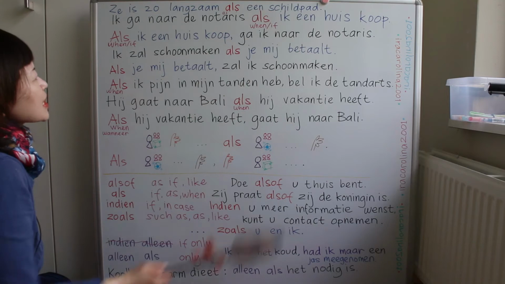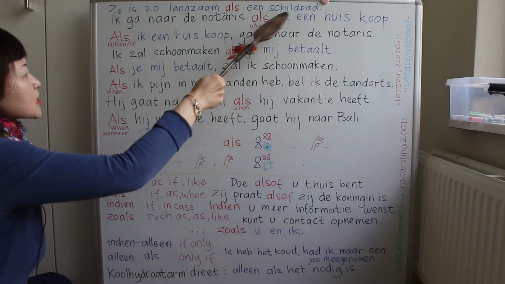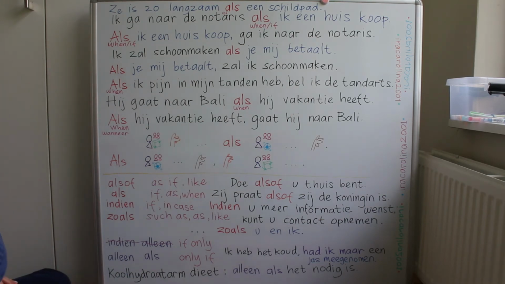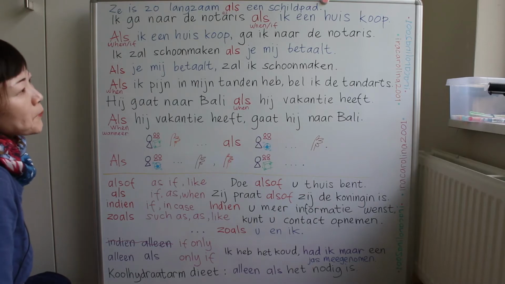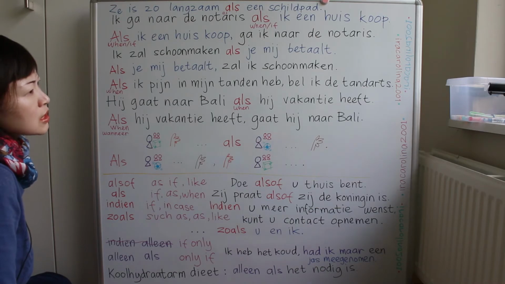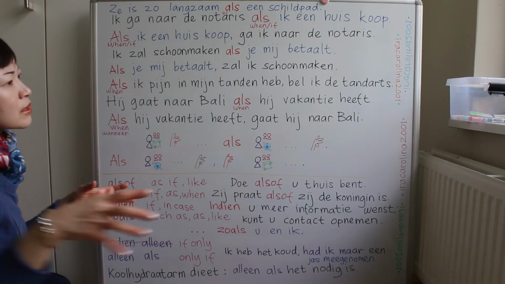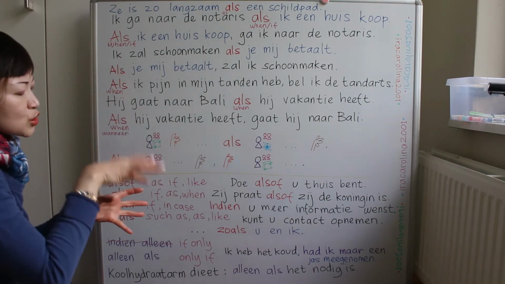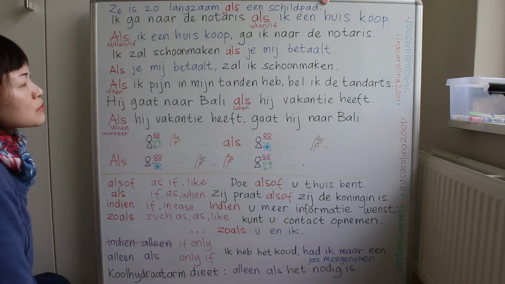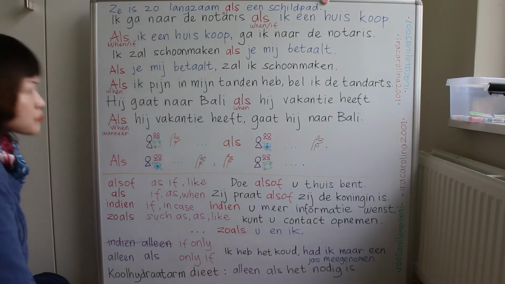"Een schildpad." A "schildpad" is from two words. "Schild" is shield. "Pad" is a big frog. So basically, you have a big frog, and then there's a shield on top of that big frog. But "schildpad" is turtle.